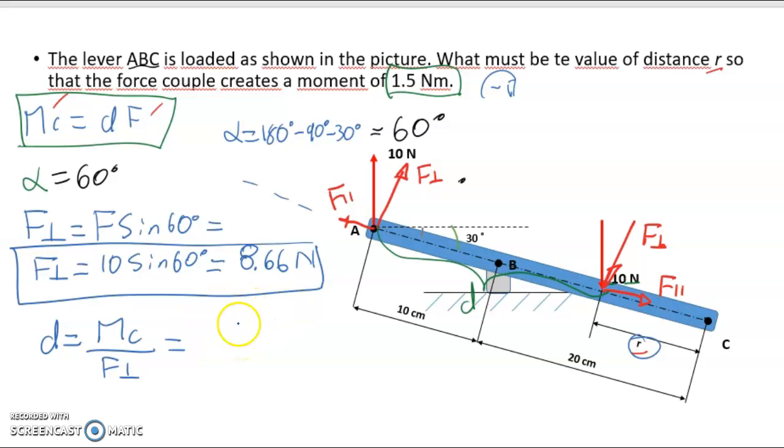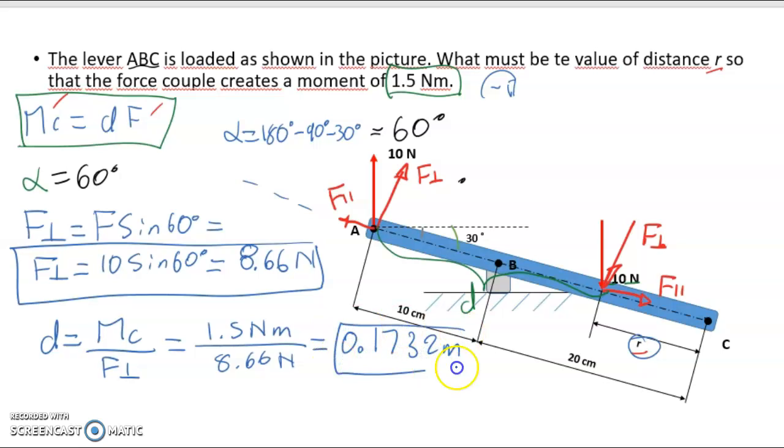That means we will have 1.5 newton meters over 8.66 newtons. That's going to deliver 1.5 over 8.66, sorry, 0.1732 meters. That's the distance that goes from here to here.